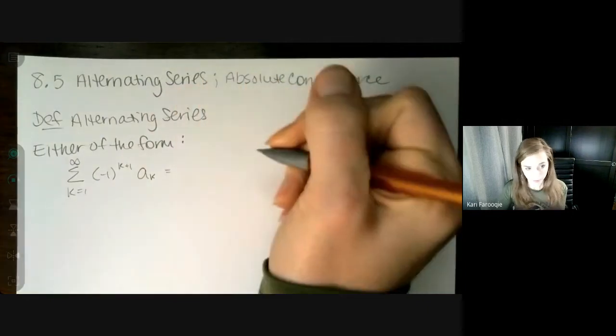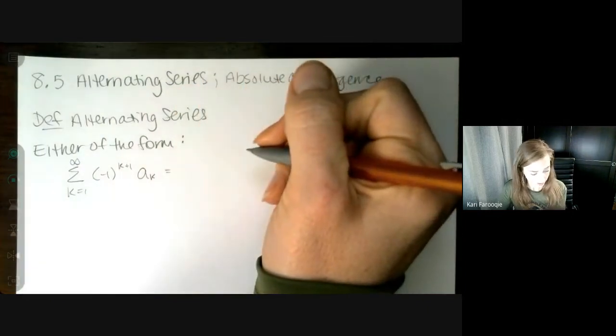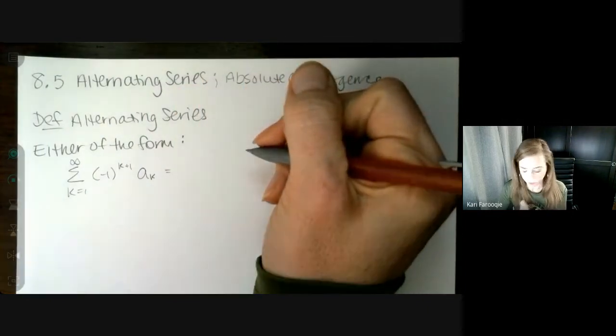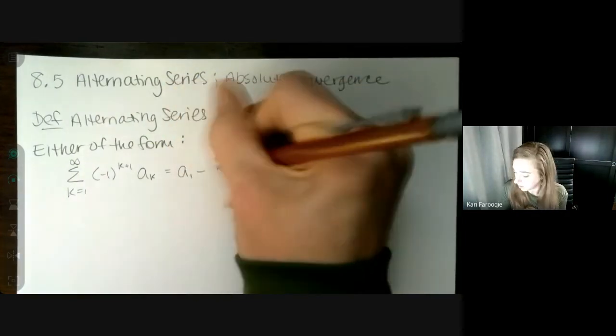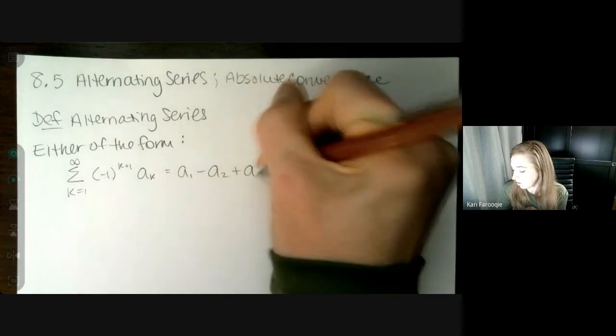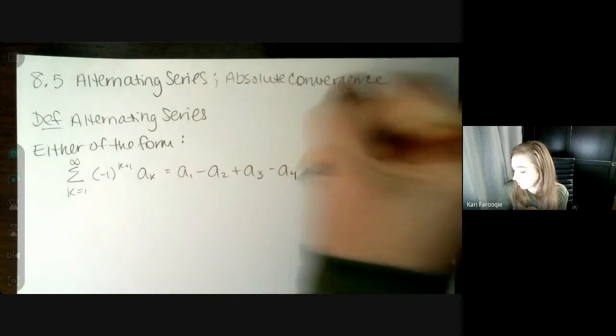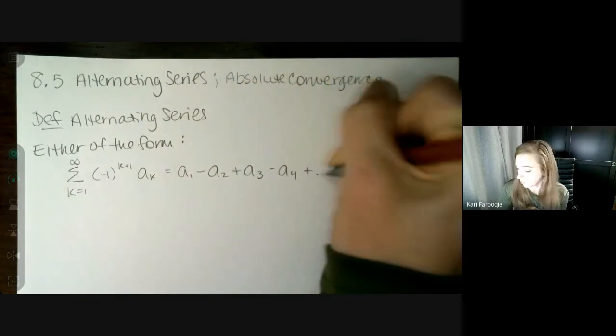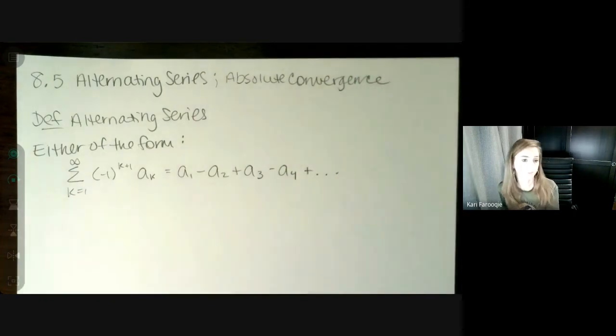Now, if you had that situation, then your first term would be positive in this case. So you would have a sub 1 minus a sub 2 plus a sub 3 minus a sub 4, and so on and so forth.